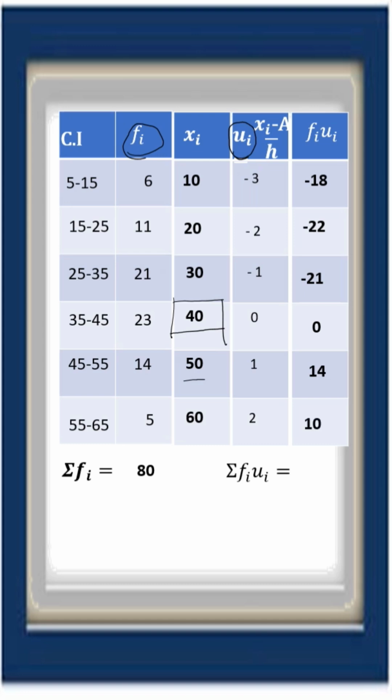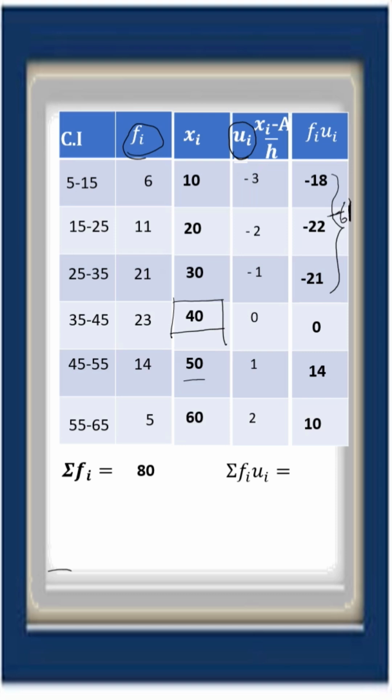Now let us find the summation of fi ui. For that you have to add all the negative numbers. 8 plus 2 is 10. 10 plus 1 is 11. I will write it here. Carry 1. 1 plus 1 is 2. 2 plus 2 is 4. 4 plus 2 is 6.